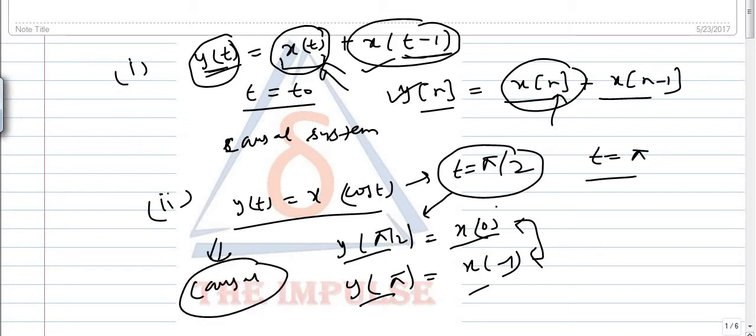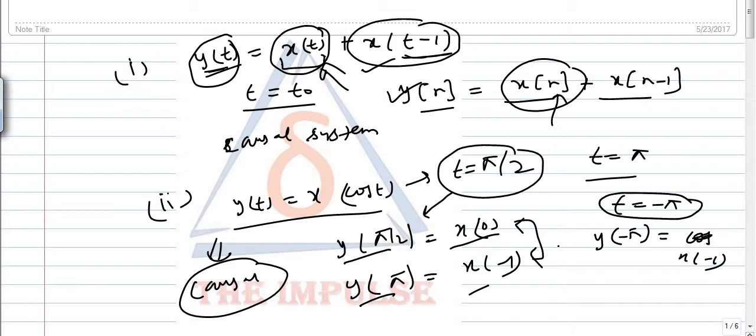Again, the person is making some mistake. He is checking the system only for positive time, not checking the system for negative time. What will be the behavior when t is negative? Now assuming t equals minus pi, y of minus pi must be equal to x of minus 1. Under this condition, this minus pi is the present value, so this output depends upon the future value of input.